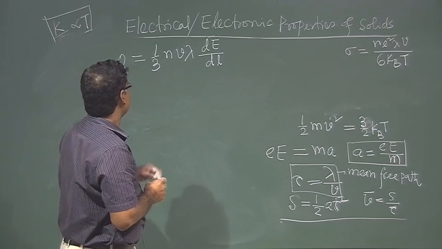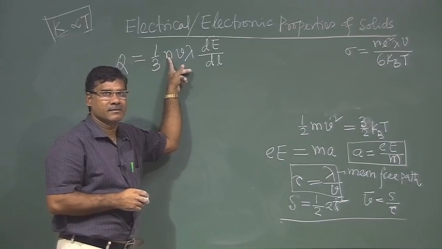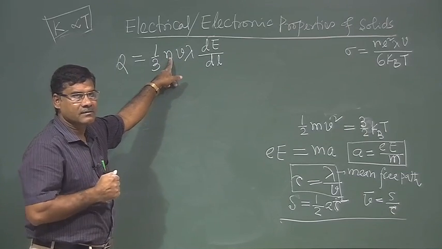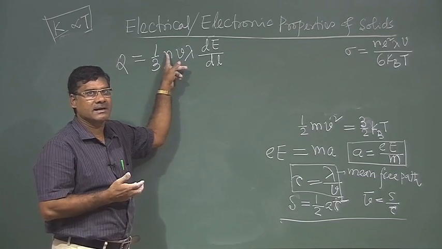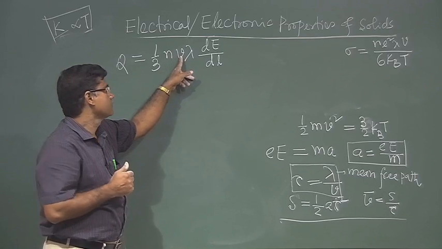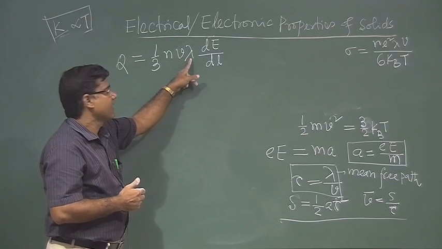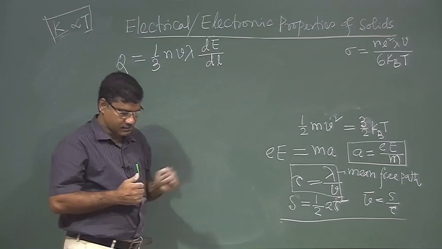Okay. So, this is the electron density, or gas density in the case of a gas. Here n is the electron density, v is the velocity, whatever velocity we have seen earlier, lambda is the mean free path, and dE by dl.